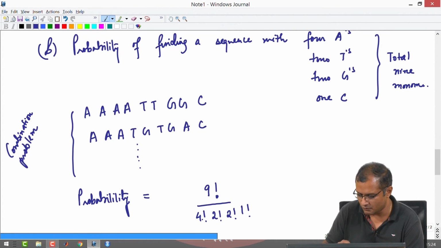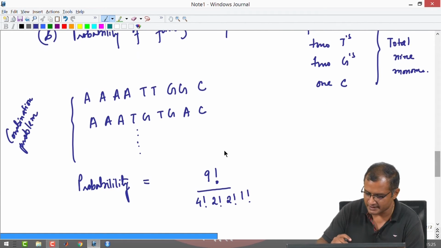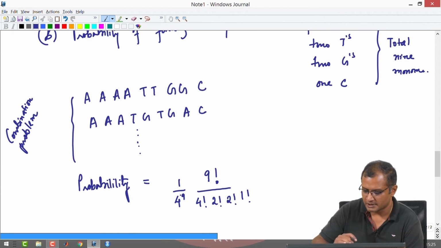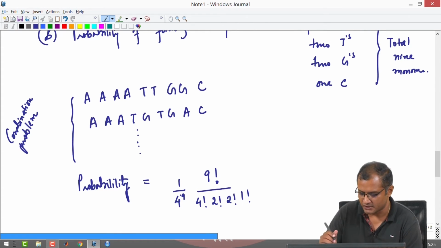You can see that 4 plus 2 plus 2 plus 1 is 9. This is the number of combinations that you can have, and then if you divide it by the total number of combinations, which is 4 to the power 9, this will give you the probability that we are chasing.